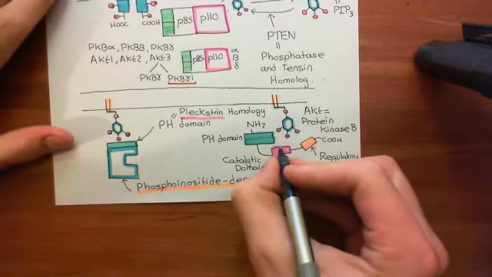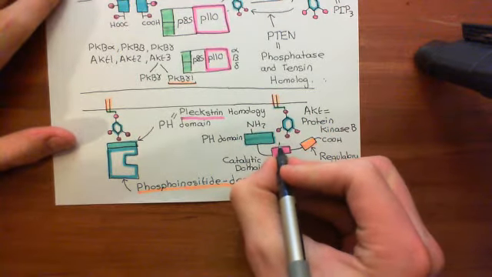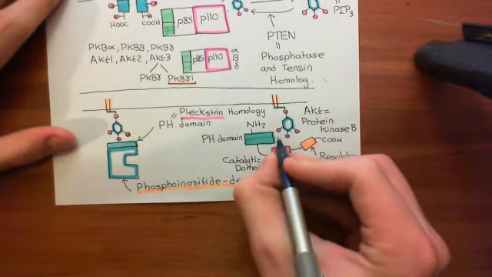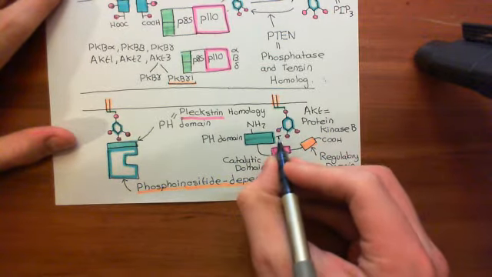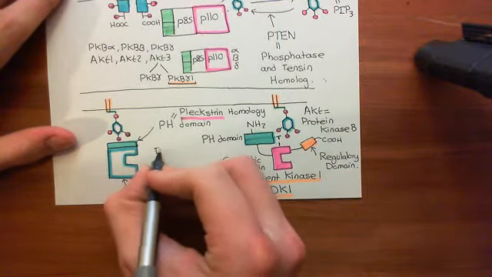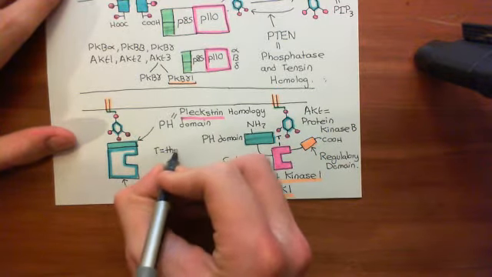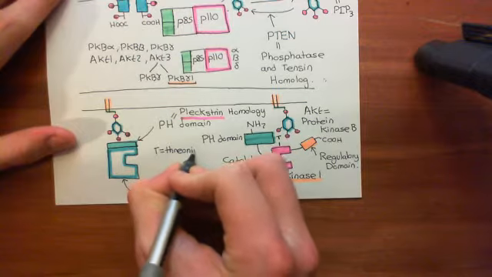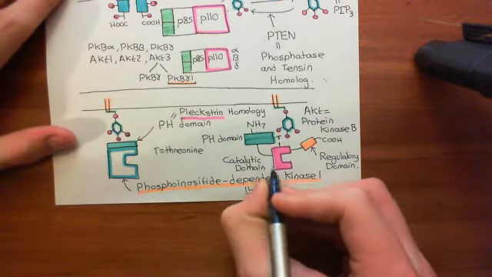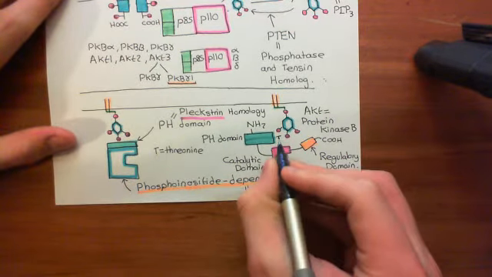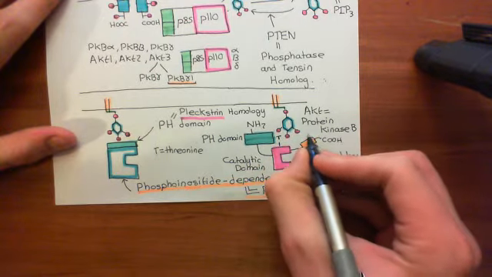In order to activate protein kinase B enzymes, you have to phosphorylate a threonine residue within the catalytic domain. T is the single letter amino acid code for threonine. So this threonine residue within the catalytic domain needs to be phosphorylated in order to activate the protein kinase B.